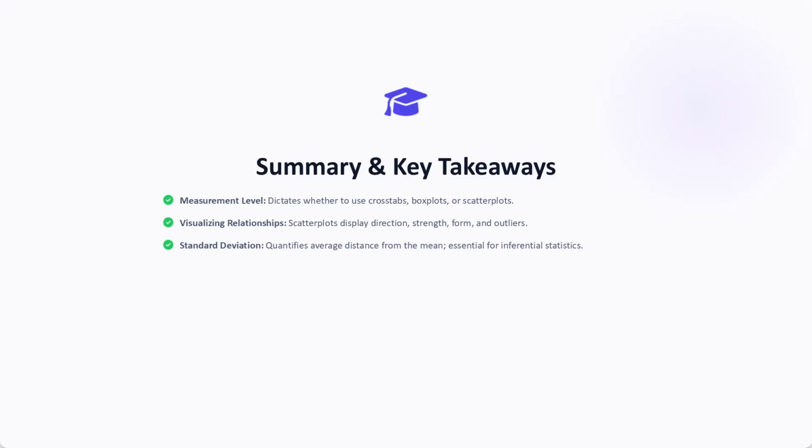Finally, pair measures of central tendency with standard deviation to capture both the center and spread of your data accurately. As we transition toward inferential statistics in upcoming chapters, these descriptive foundations will allow us to evaluate whether observed sample patterns reflect true population relationships.